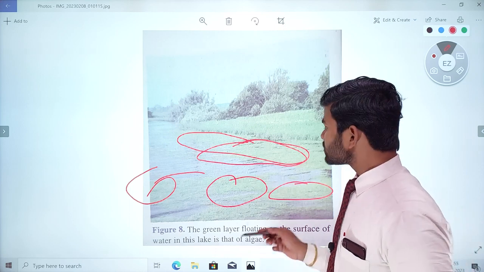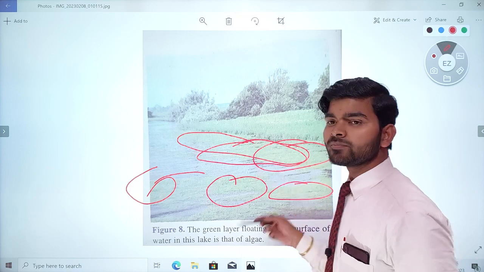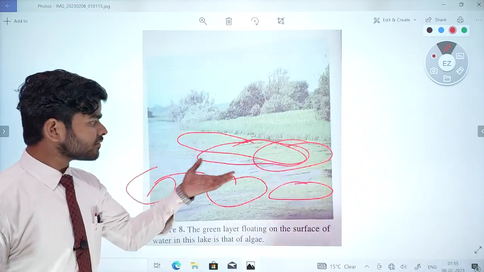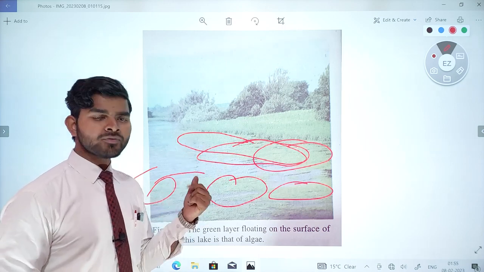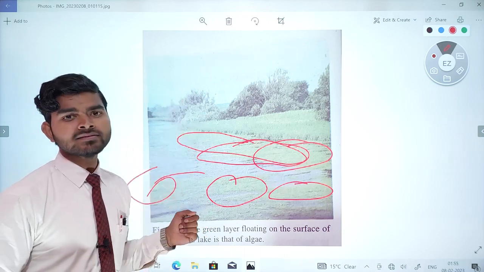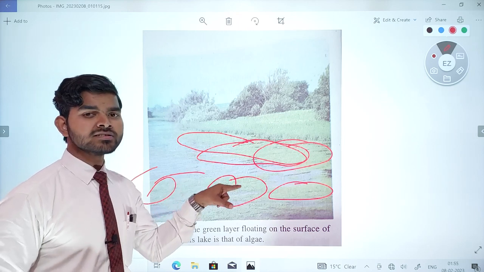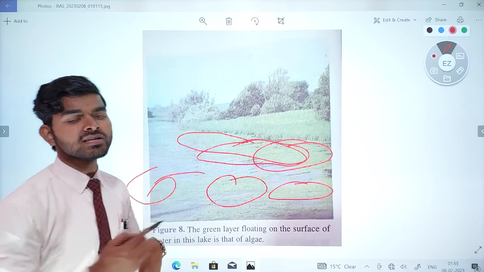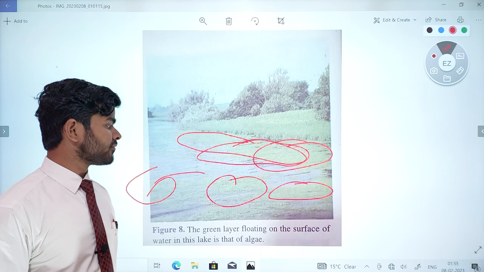Look, the color of this algae is green because they contain chlorophyll. It has chlorophyll, and carbon dioxide is taken from the air, and sunlight comes from the sun, and then it carries out a process called photosynthesis. So algae can make food through photosynthesis because they have chlorophyll.